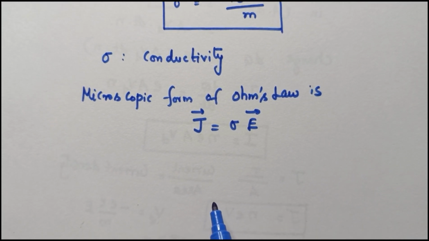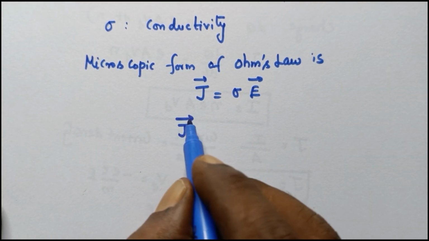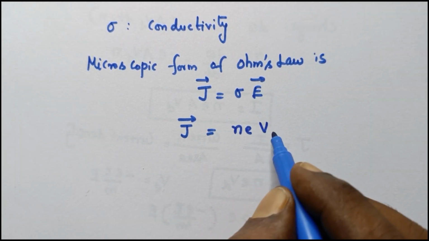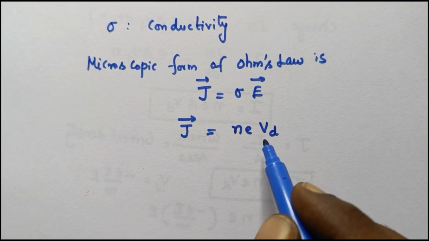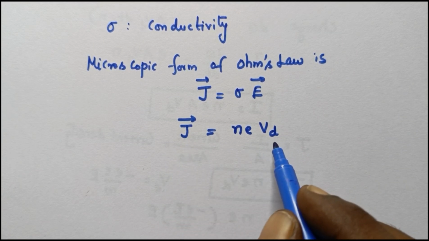Similarly, the expression for the current density J is n e vd. This is the expression for the current density in terms of the drift velocity.